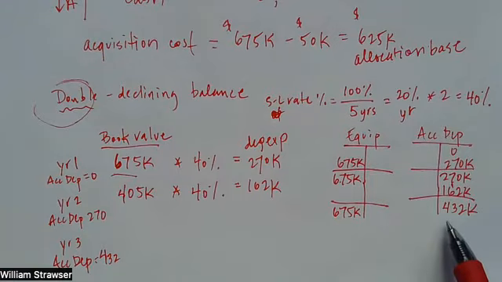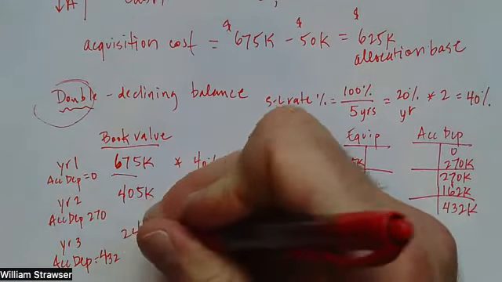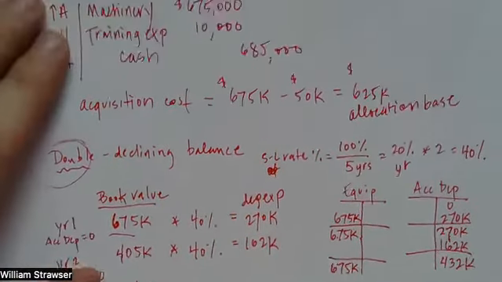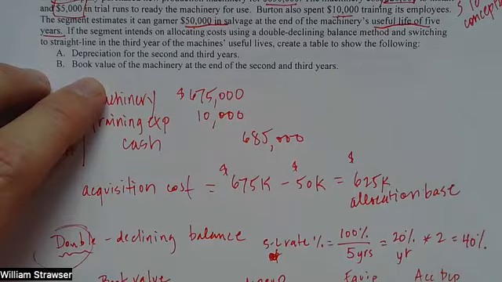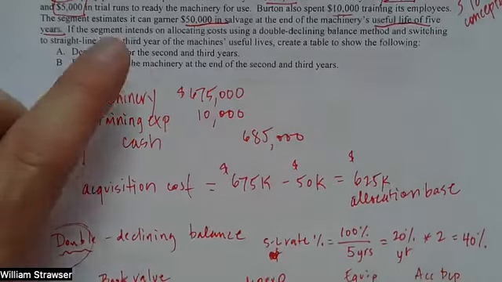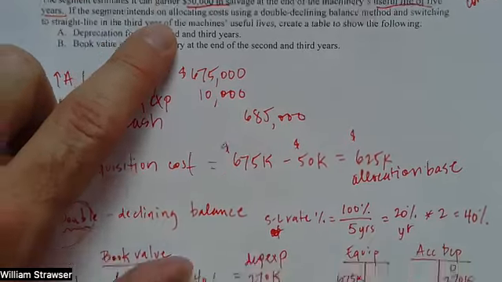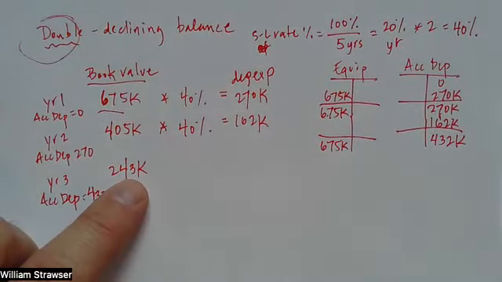And that would be 243. So now I've done what I did in the last problem. Basically, I've derived my book value up to the point of the change. I decided I was going to switch to straight line in the third year. So this is the beginning of the third year's book value.